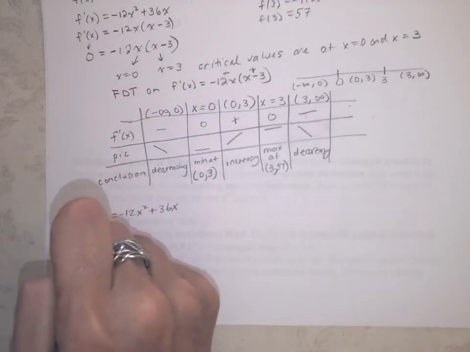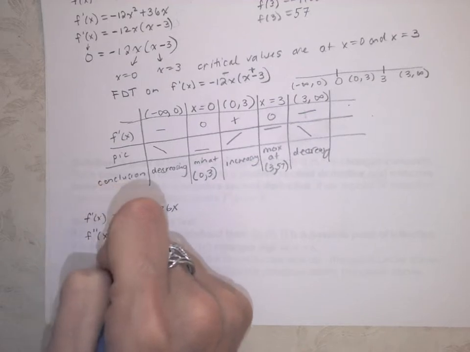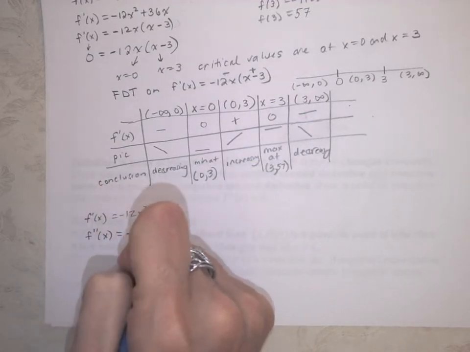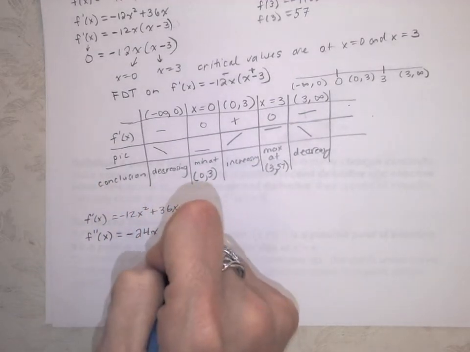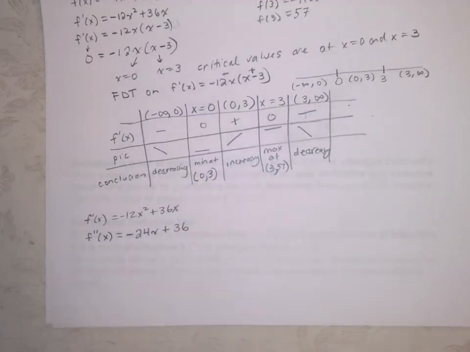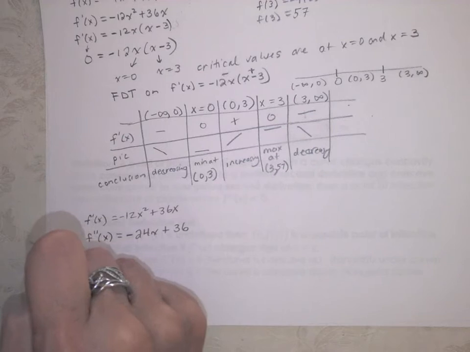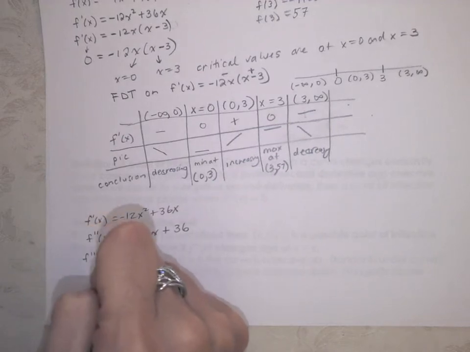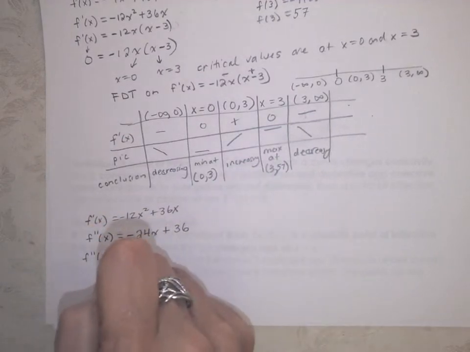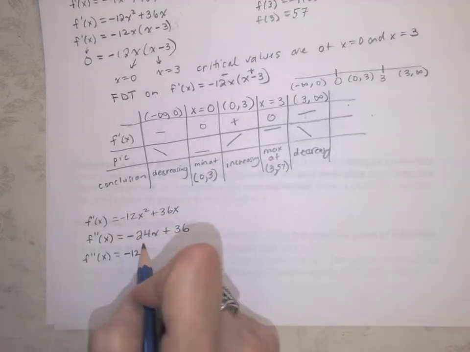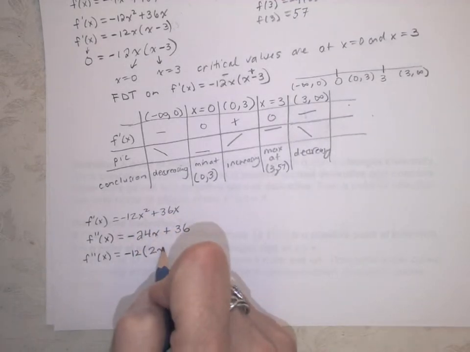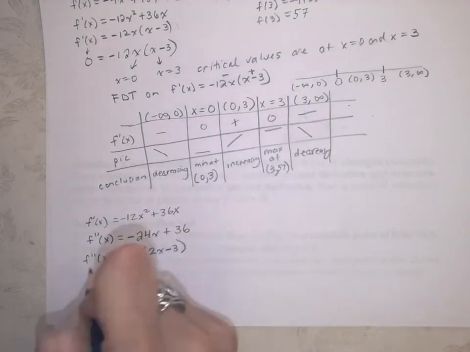So f double prime at x is negative 24x plus 36. And now let's put that in simplified factored form.